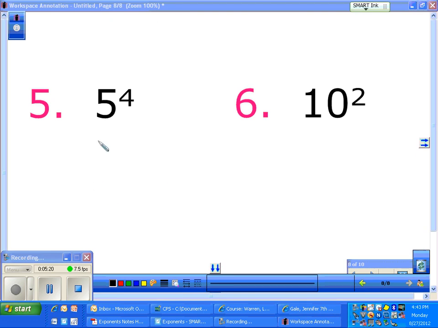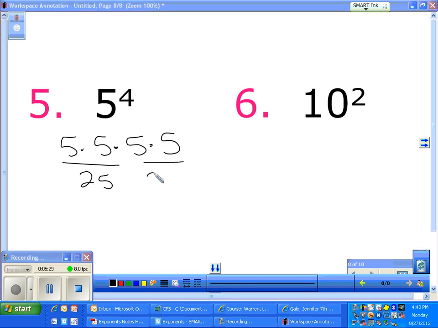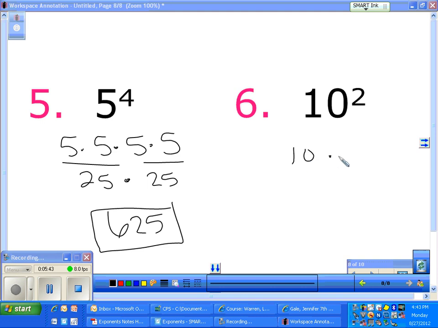We know that 5 to the fourth power means 5 times 5 times 5 times 5. 5 times 5 is 25. 5 times 5 is 25. 25 times 25 is 625. 5 to the fourth power is 625. 10 to the second power, we're going to write it out in expanded form. 10 times 10, not 10 times 2. 10 times 10 is 100.